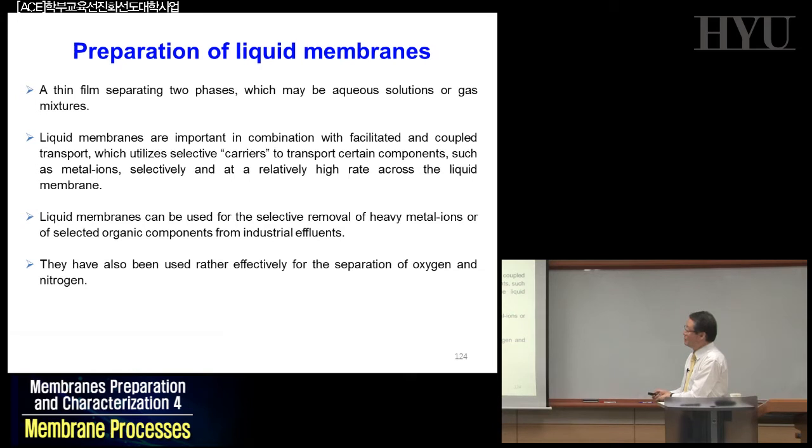But liquid membranes can be utilized for the selective removal of heavy metal ions or selective organic components from industrial effluents, because in industry, particularly the chemical industry, we have a lot of wastewaters and wastes containing metallic components, and those metallic components should be recovered in some way. For example, in your electronic systems we have a lot of precious metals.